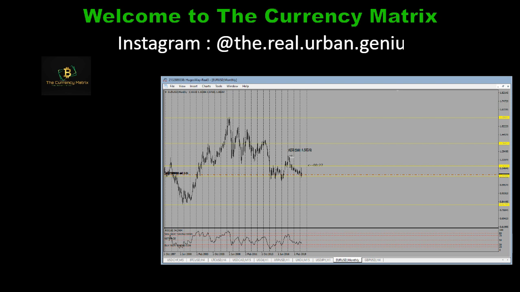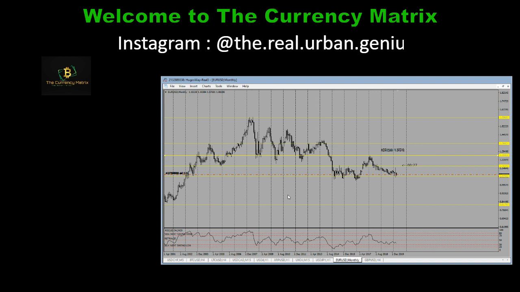Now I'm going to zoom in a little bit just to make sure I got these a little accurate. All right, now that I've marked those off again, I'm going to go ahead and hit my zones, wick to body. Once you've done this on your pairs, you don't have to do this again and again.